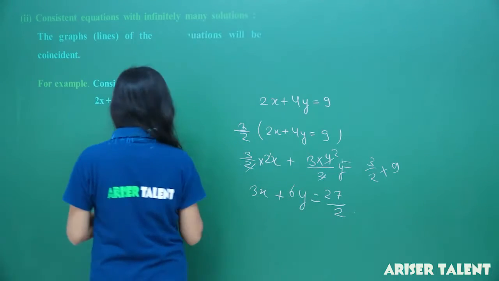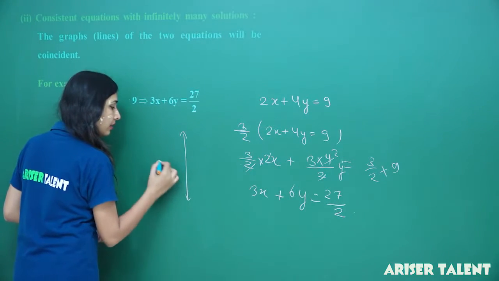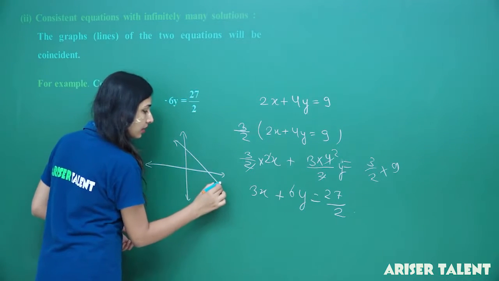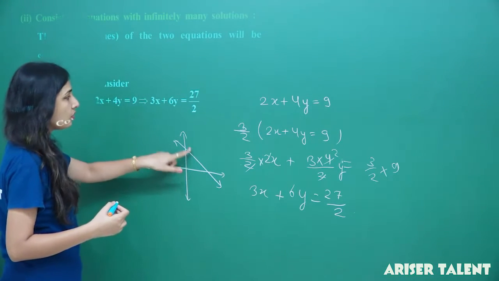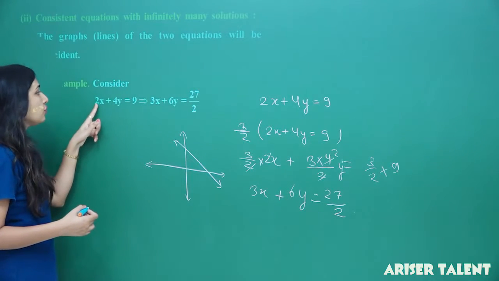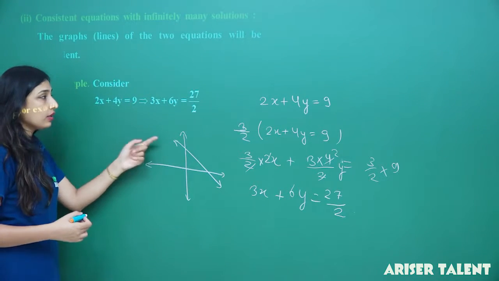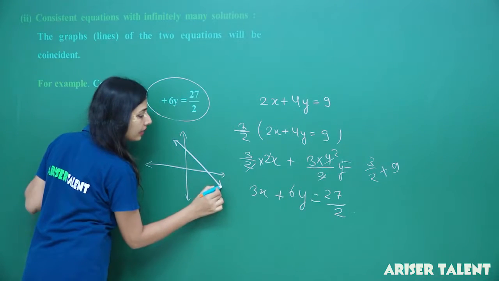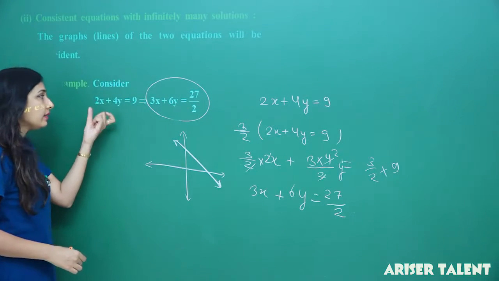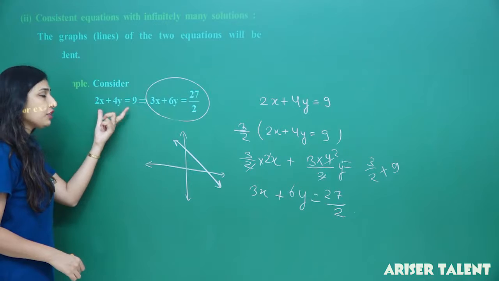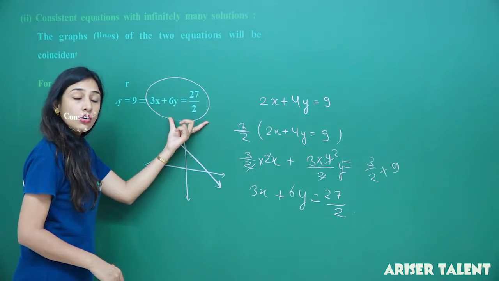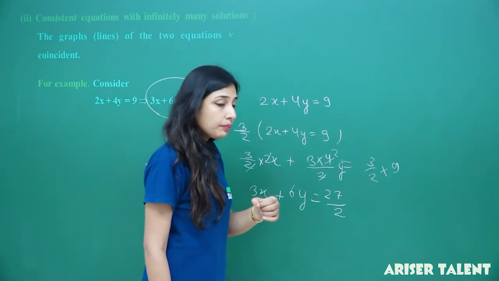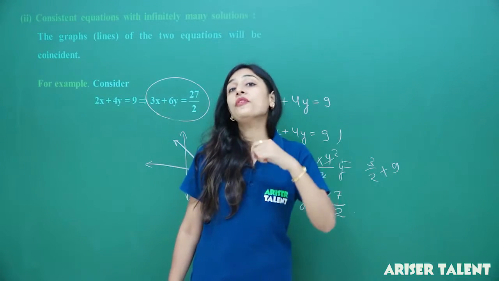So what will happen in this case? If the line represents 2x plus 4y equals 9, the graph of this other equation will be the same. So what will I say? The graph of this equation and this equation will overlap. If they overlap, they are meeting at every point.